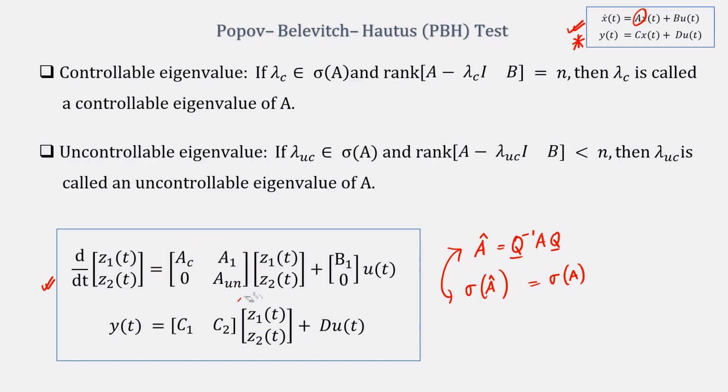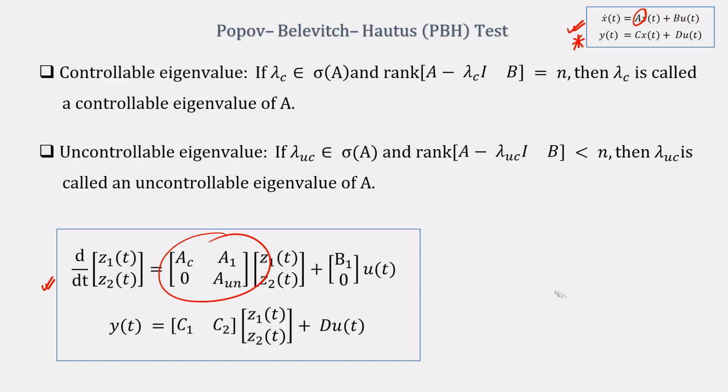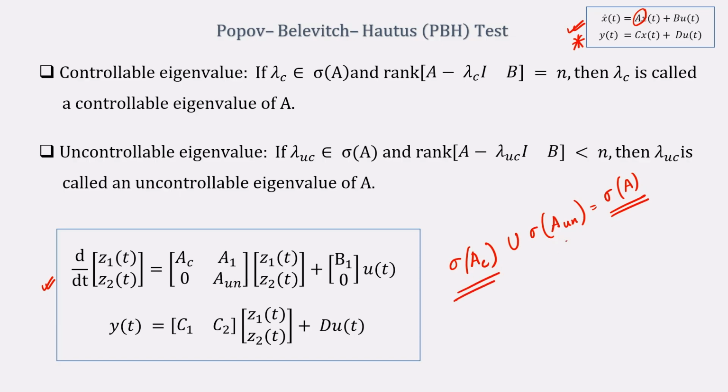So, the eigenvalues of this matrix are nothing but the eigenvalues of the matrix A. Now, the good thing about this is, the eigenvalues of the matrix A can be written down in this way. So, the eigenvalues of the matrix A are nothing but the eigenvalues of AC union the eigenvalues of AUN.